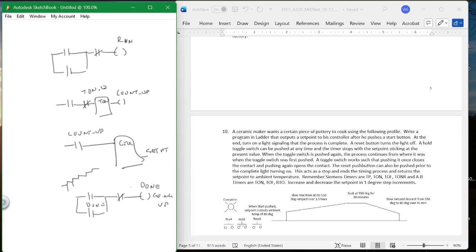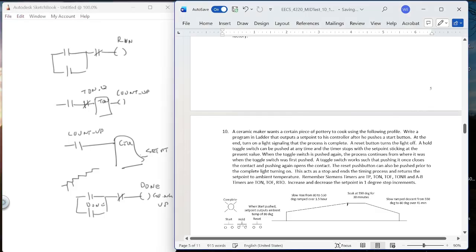Then you dwell for a while, for a time delay, and then you start going down. So you remember when you get to here, and then you remember when you're done, and then you shut the whole thing off when you're done.